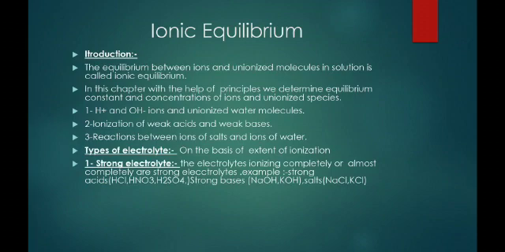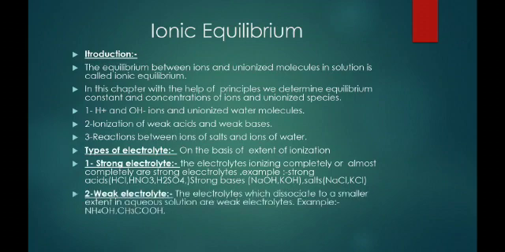For example, strong acids like HCl, HNO3, H2SO4, and strong bases like NaOH, KOH, and salts like NaCl, KCl. These are examples of strong electrolyte because these electrolytes completely dissociate.